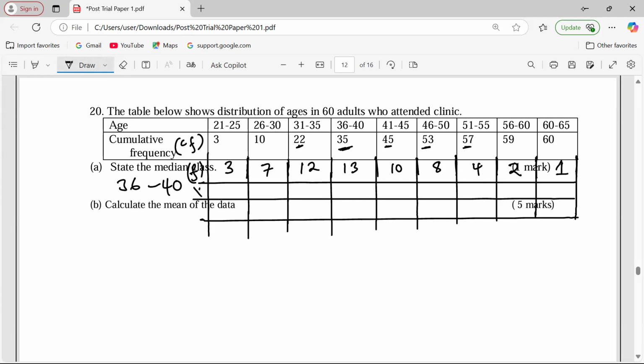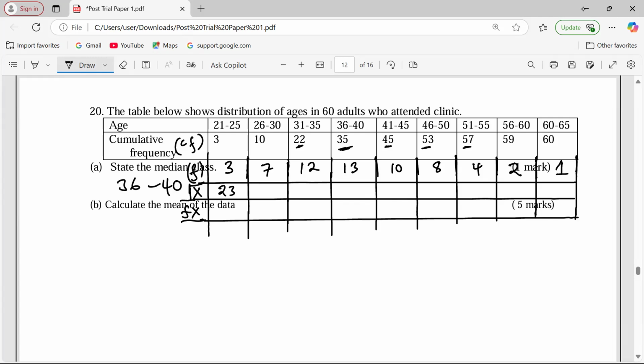So we need X, which is the class midpoint. Then after that, we'll be getting F of X. Each frequency multiplied by the midpoint. For us to get midpoints, we need the limits added, then divided by 2. 21 plus 25, then we divide by 2. I'm getting a midpoint of 23.